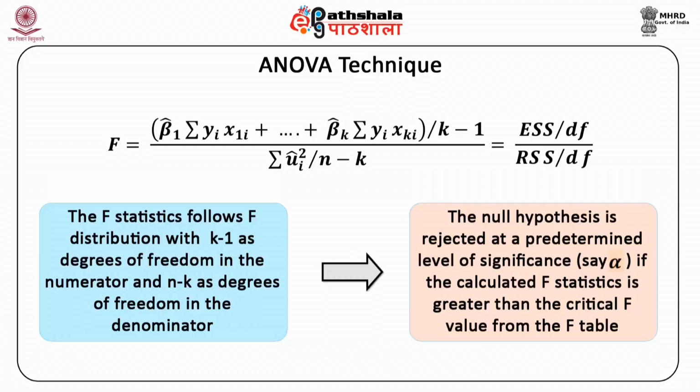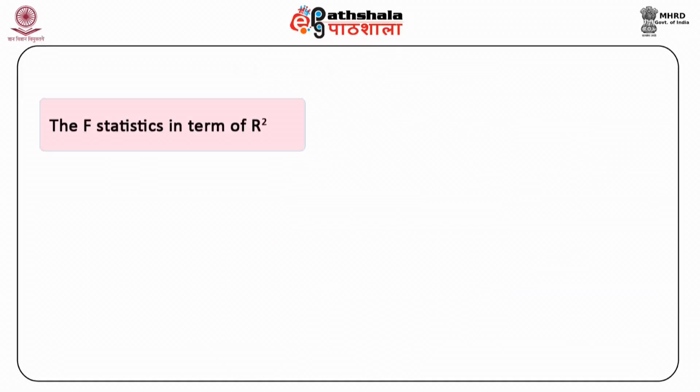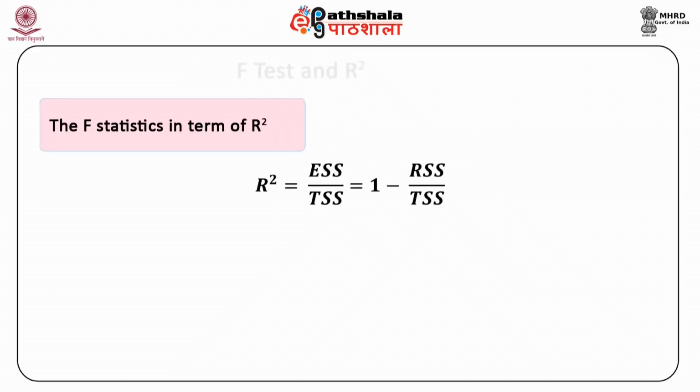In case the F statistic is less than the critical F value, then the null hypothesis cannot be rejected, and we conclude that the multiple regression model is not appropriate. One can also look at the p-value of the F statistic, and if it is low, the null hypothesis can be rejected as well.